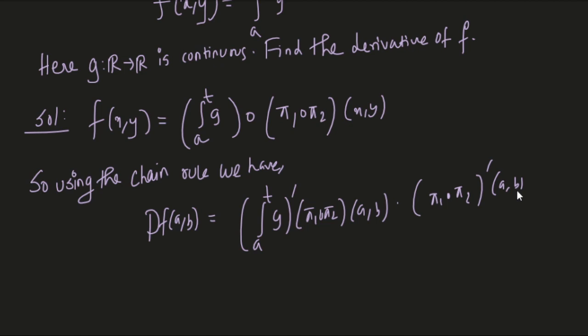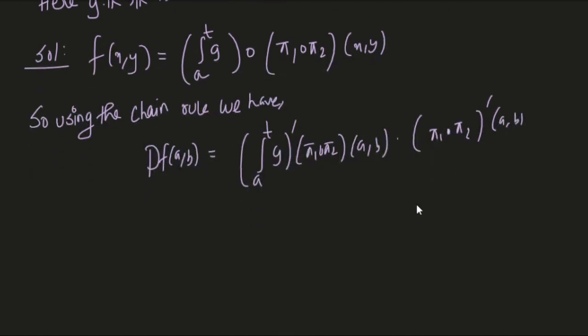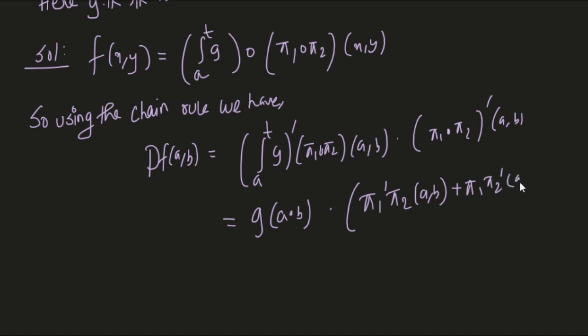Since it is continuous on all of R, it's defined at all endpoints, obviously. So this would just be g of a dot b, multiplied by the derivative of the product, which is pi 1 prime pi 2 at the point (a, b) plus pi 1 pi 2 prime at the point (a, b).